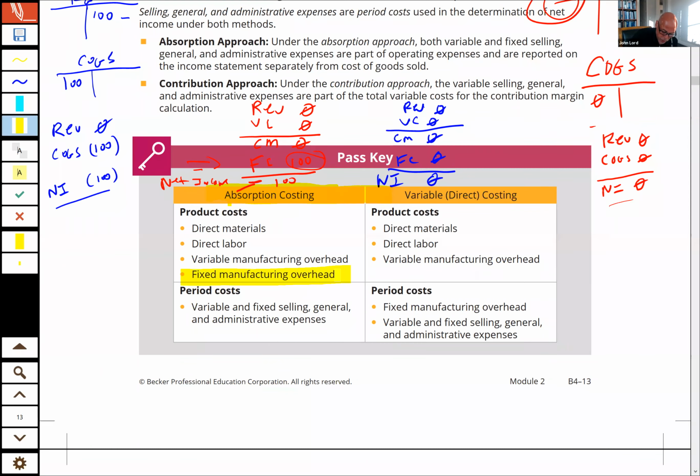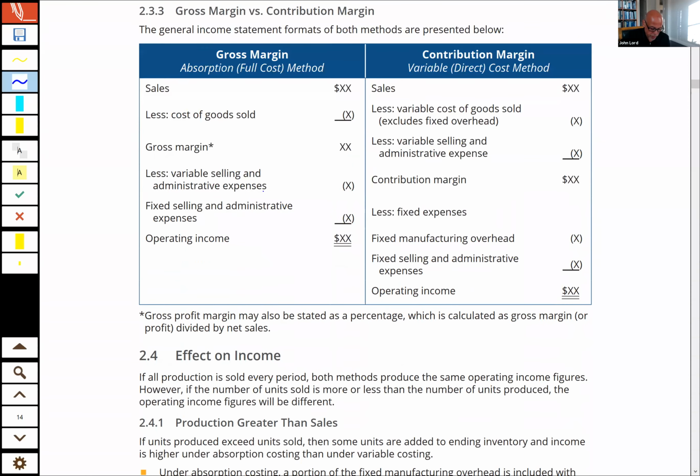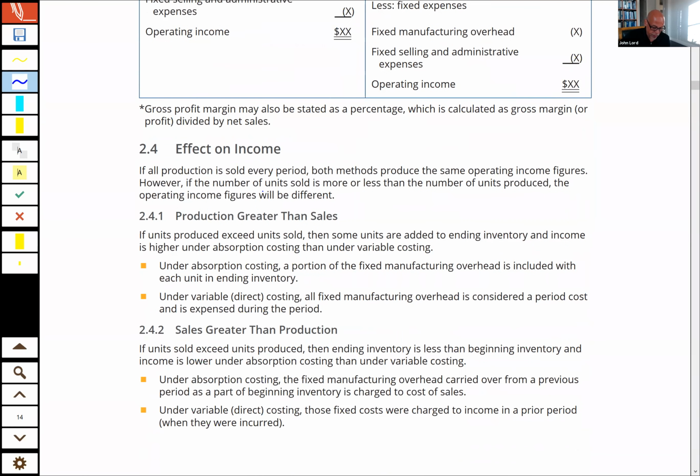It's a product cost here, and it's a period cost under the variable, direct, contribution margin approach, whatever you want to call that.